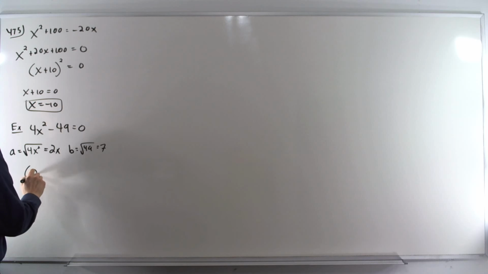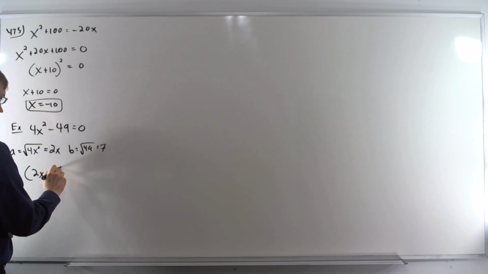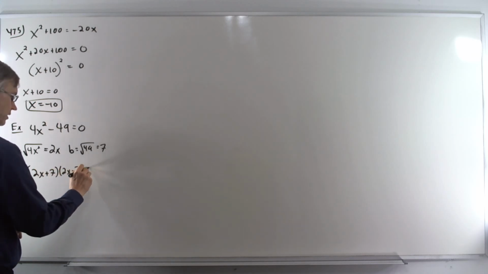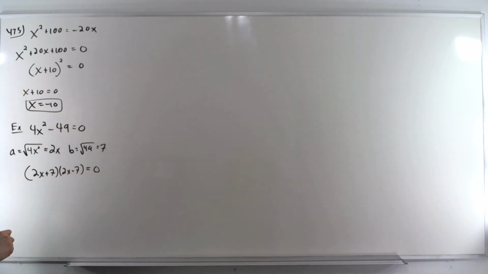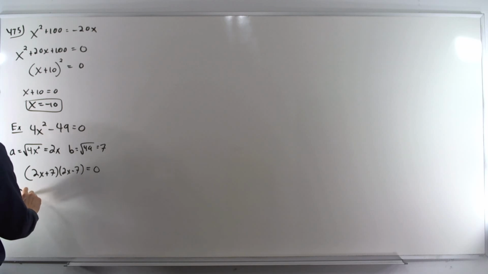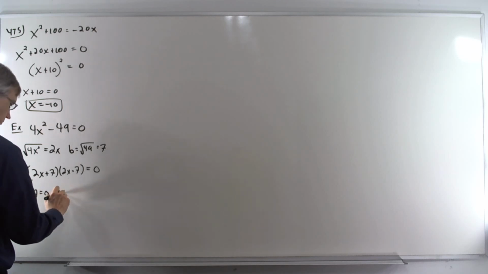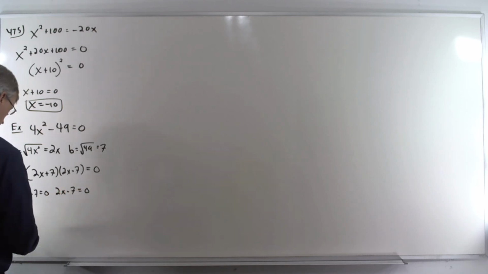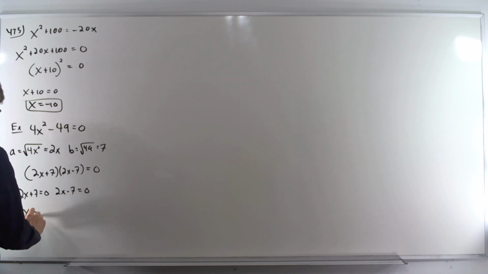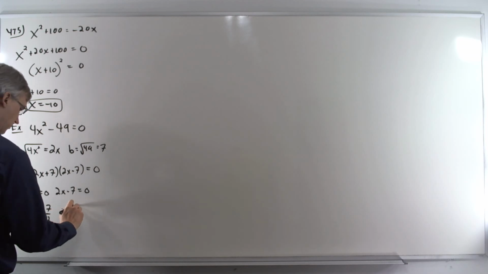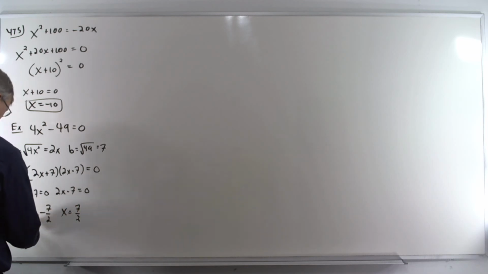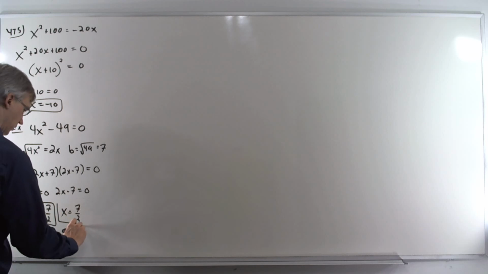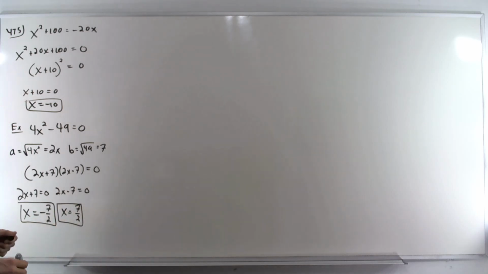So that's going to give us 2x plus 7 times 2x minus 7 equals 0. Now we can set each of these individually equal to 0. And solving those, we get 7 halves and negative 7 halves.